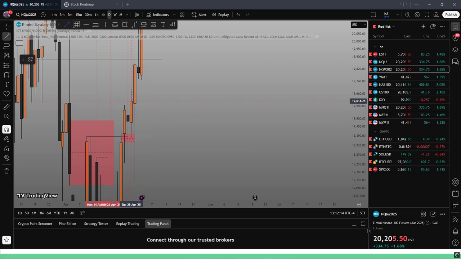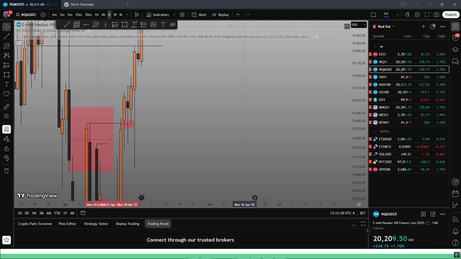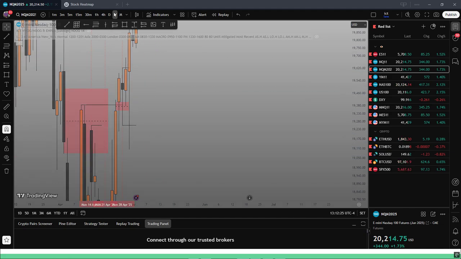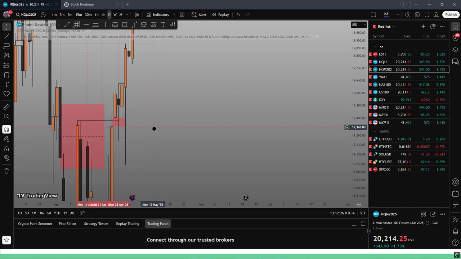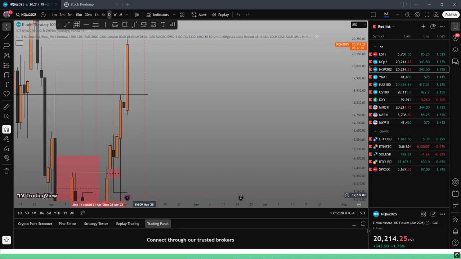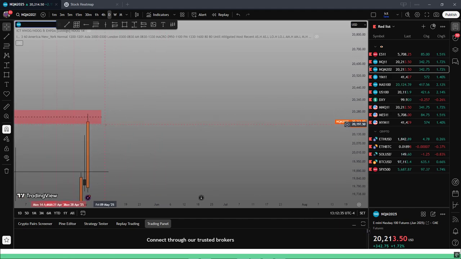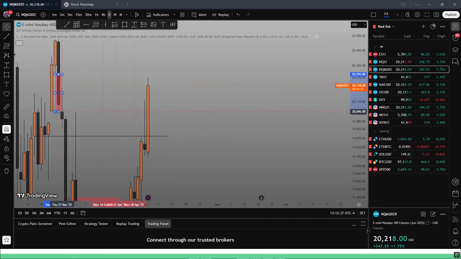Tuesday takes out Monday high. Wednesday we have news. Comes, takes out Monday's low. Taps into this daily order block, daily fair value gap. And the rest of the week, we deliver to this imbalance on the daily, which also is a monthly gap.